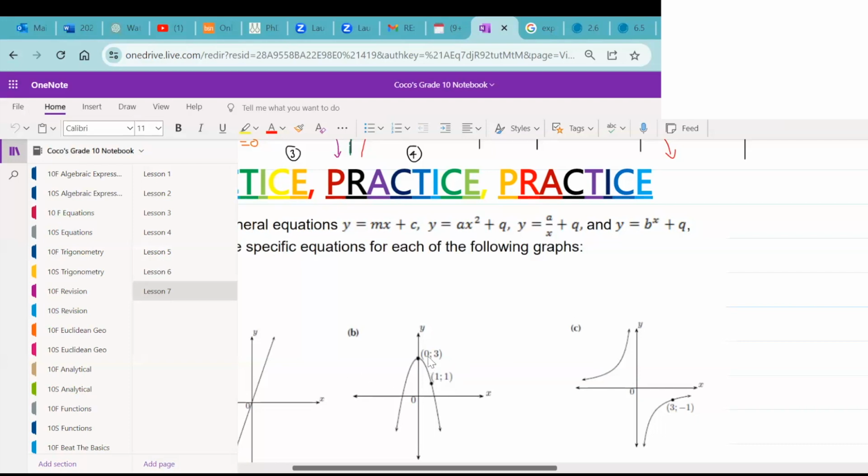We know that the turning point gives us the value of q. The y value of the turning point is equal to q. So in this case, q is equal to 3.